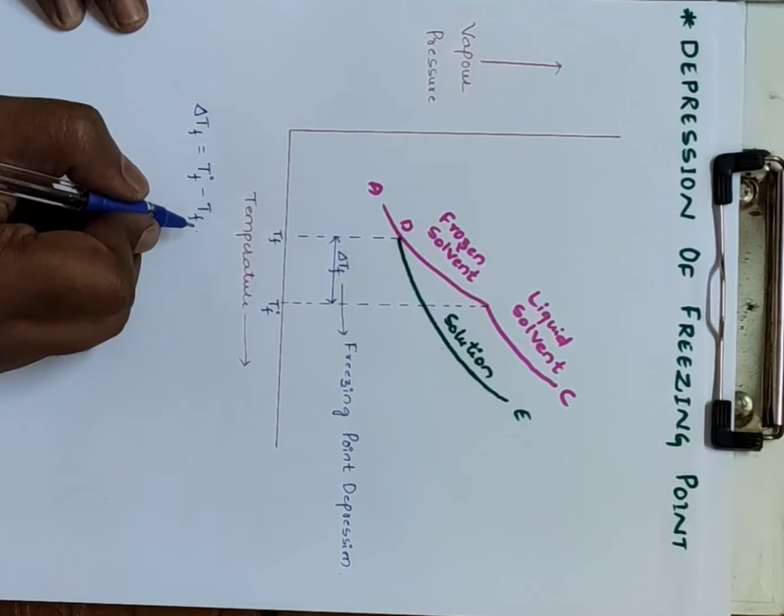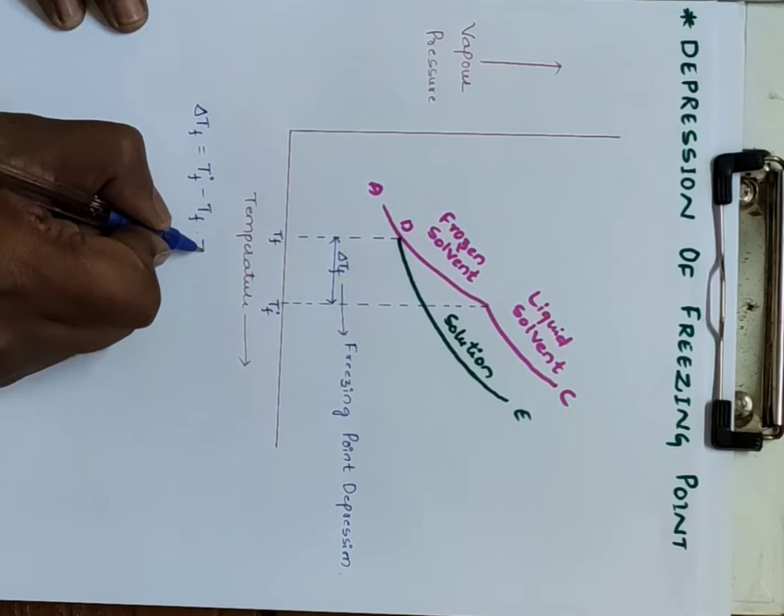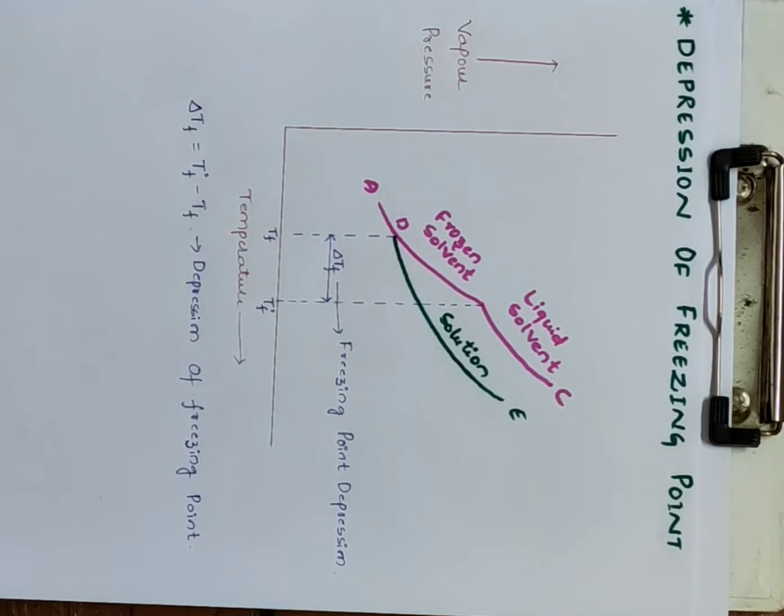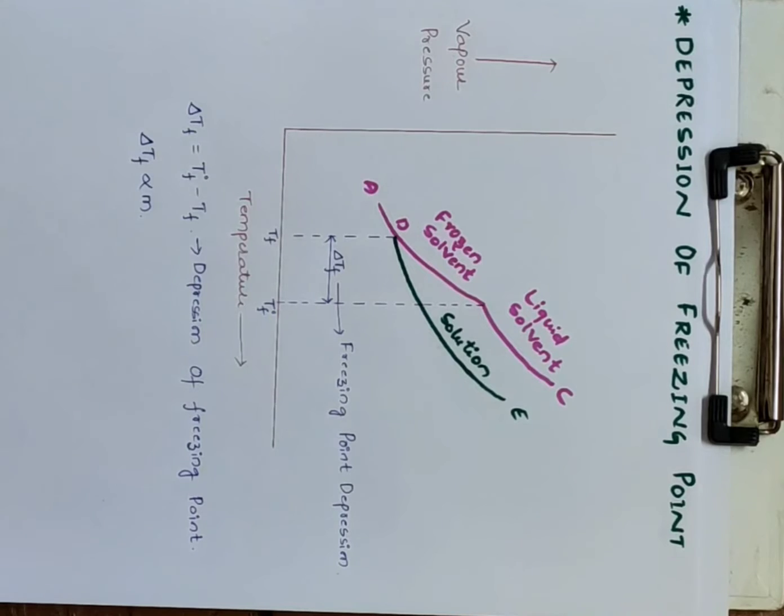So this is known as depression of freezing point. Again, as in the case of elevation of boiling point, the depression of freezing point for a dilute solution is directly proportional to the molality of the solution. So this delta TF is directly proportional to the molality of the solution.